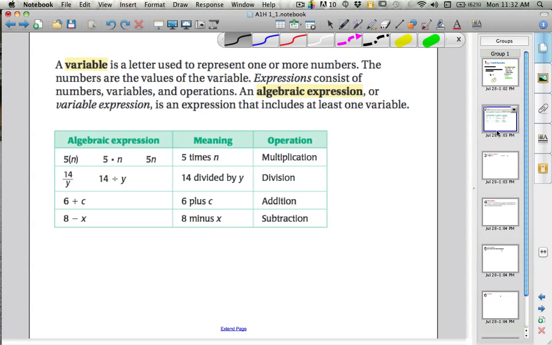powers. When we start looking at, again, algebraic expressions, an algebraic expression or variable expression is an expression that includes at least one variable. These are all algebraic expressions. A variable is a letter used to represent one or more numbers. The numbers are the values of the variable. And then you can see that 5n means 5 times n, and the operation we're describing here is multiplication.